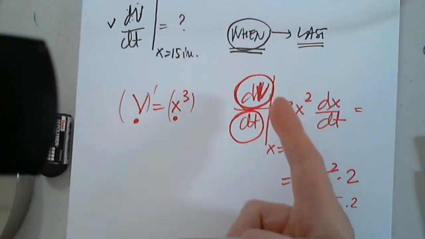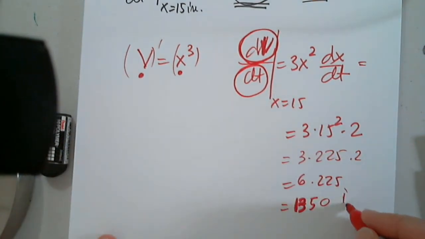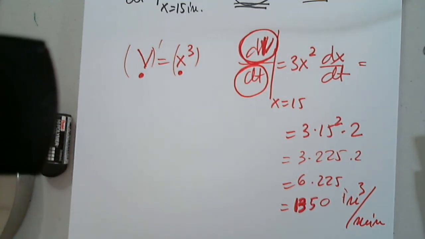Inches cubed. Inches cubed per minute. Excellent. Good. Is this good enough? Is it clear now? Anyone? Second question? Next question?